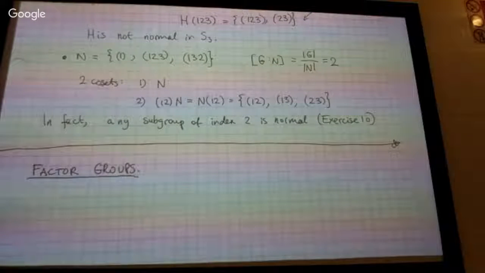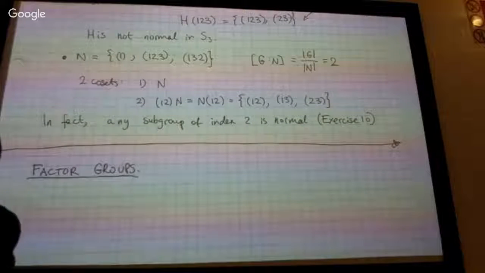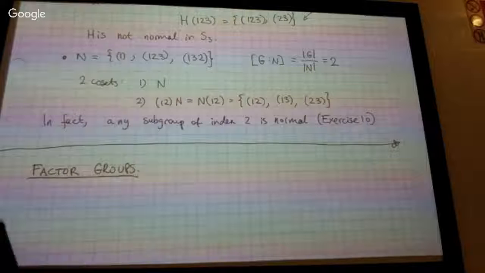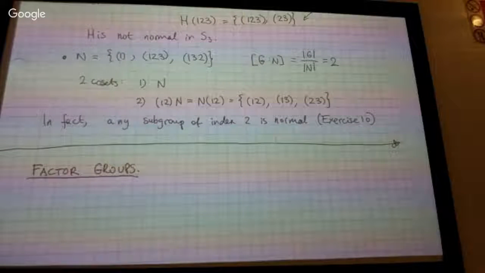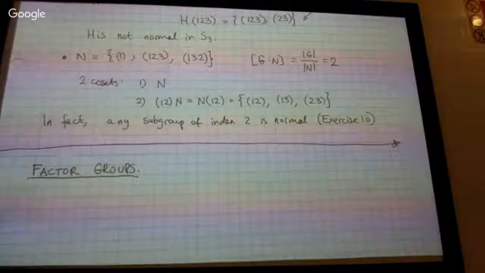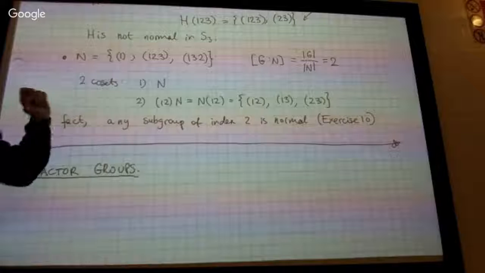But it doesn't matter. What we see is that you can in fact select representatives of the coset.